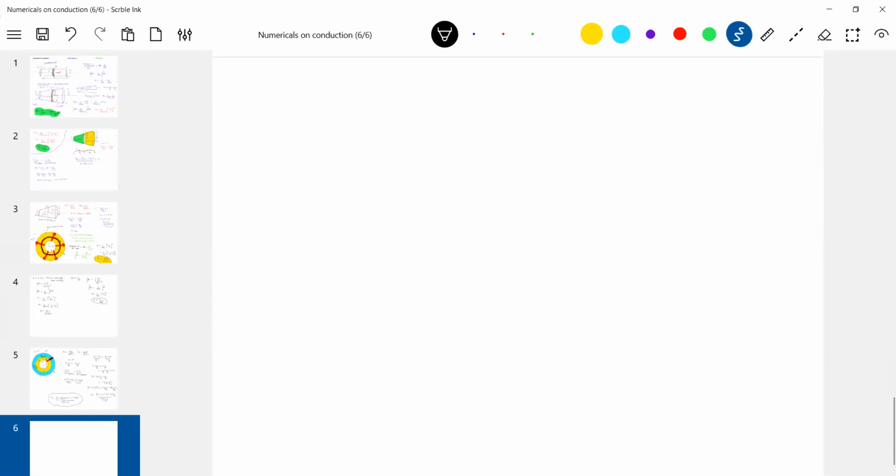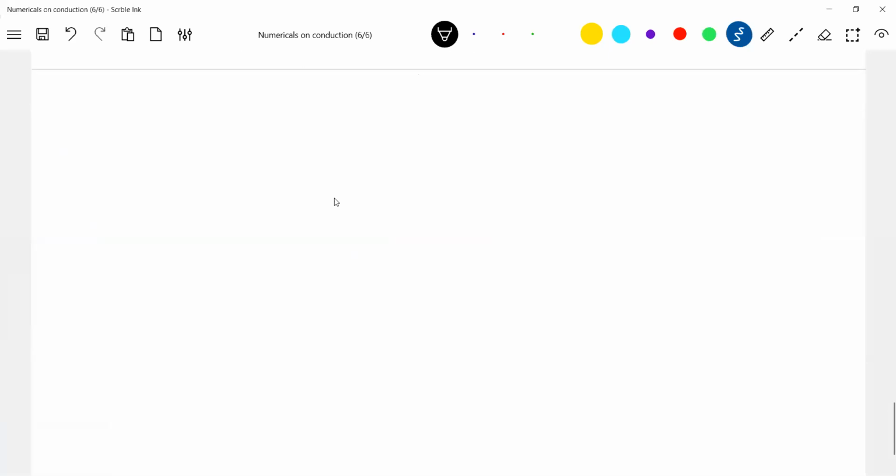Let me take another structure. These are very standard ones, spherical and cylindrical.